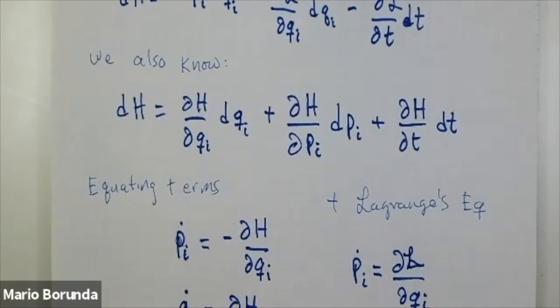So these are Hamilton's equations. Instead of having n second order differential equations, we have 2n first order differential equations. So that's the difference between those two.